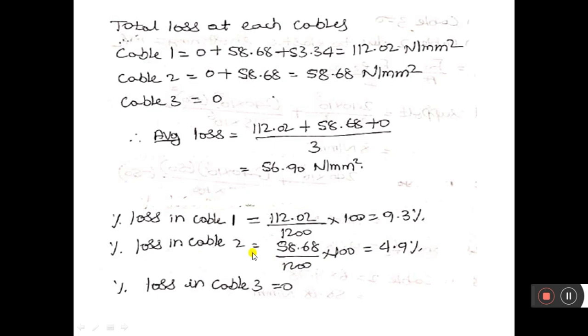So percentage of loss of prestress in cable 2 is 4.9%, and percentage loss in cable 3 is 0 because the total loss of prestress in cable 3 is 0. So here the losses are 9.3 and 4.9 in cable 1 and cable 2, and hence the losses are within permissible limits so that the members can be used satisfactorily in the construction.